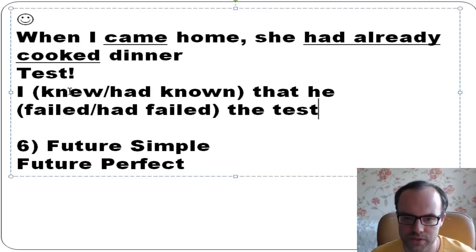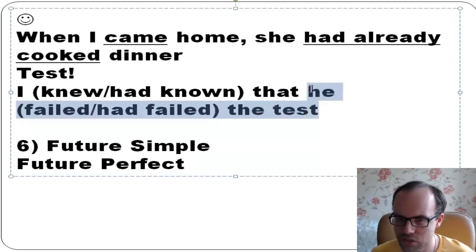So you look at the first part of the sentence, the first clause, and at the second part of the sentence, the second clause. So which action happened earlier? So I knew or he failed. So first he failed and then I knew. So it's the second action and it happened earlier.